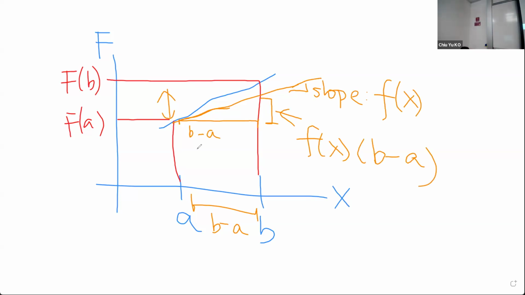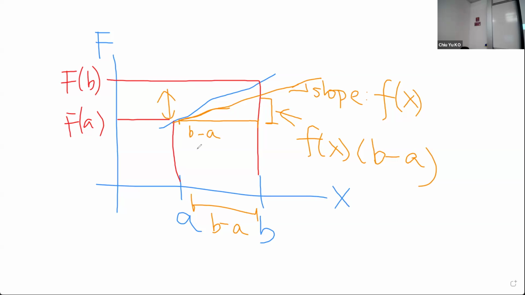This is a math theorem, called the intermediate value theorem, or the mean value theorem.